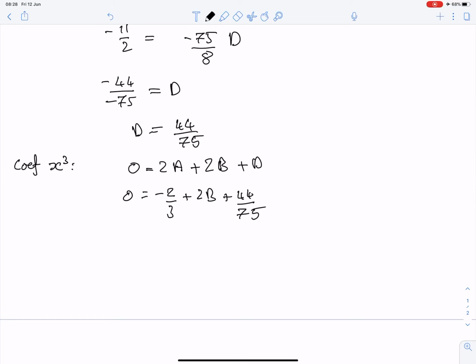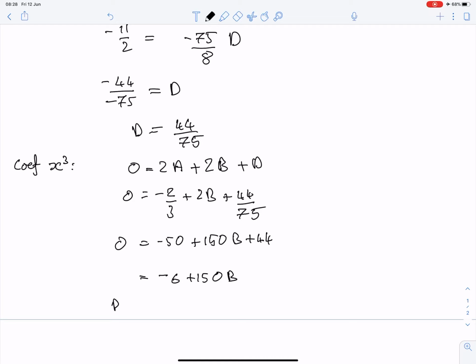As usual, get it on one line, multiply through by the denominator. Let's take the 75, so we get 0 times 75, and 75 over 3 is 25, so this becomes minus 50 plus 150B plus 44. So minus 50 plus 44 is negative 6, plus 150B.